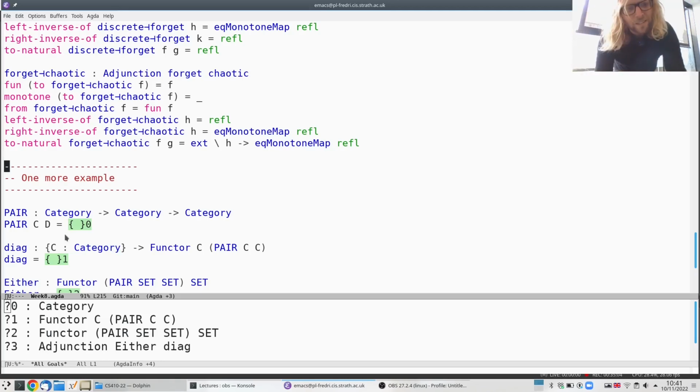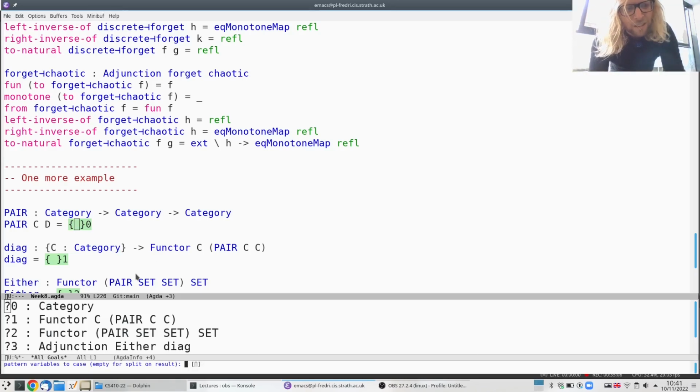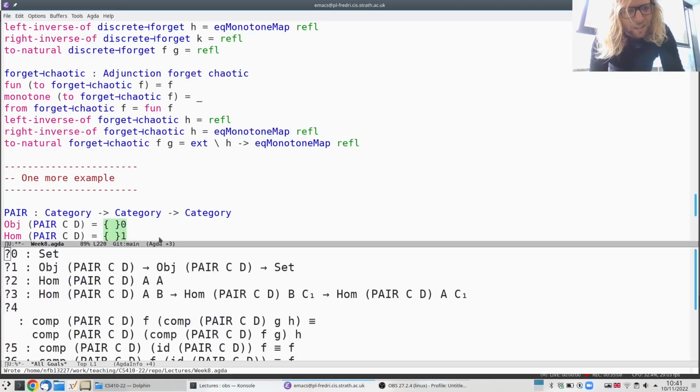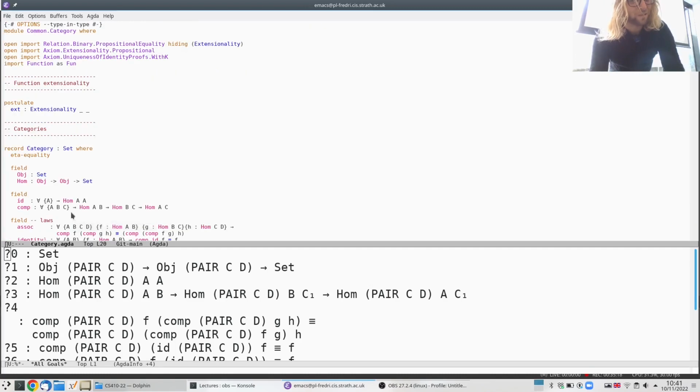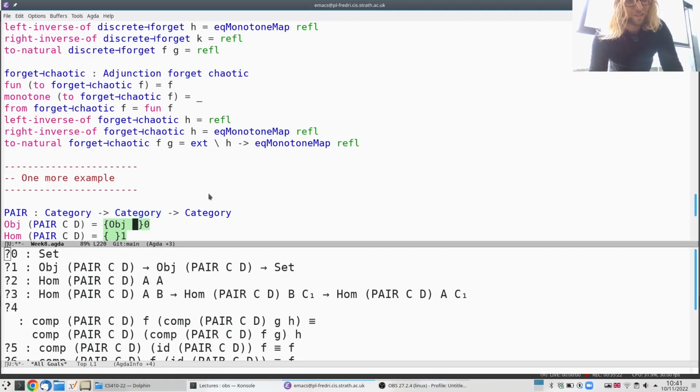So let's see if we can do this. So I said that the objects here should be. We're doing it now. So this category here, of course, is our own definition of category. Okay. It's not from the standard library or anything like this. So you don't use pairs. No, there's no need.